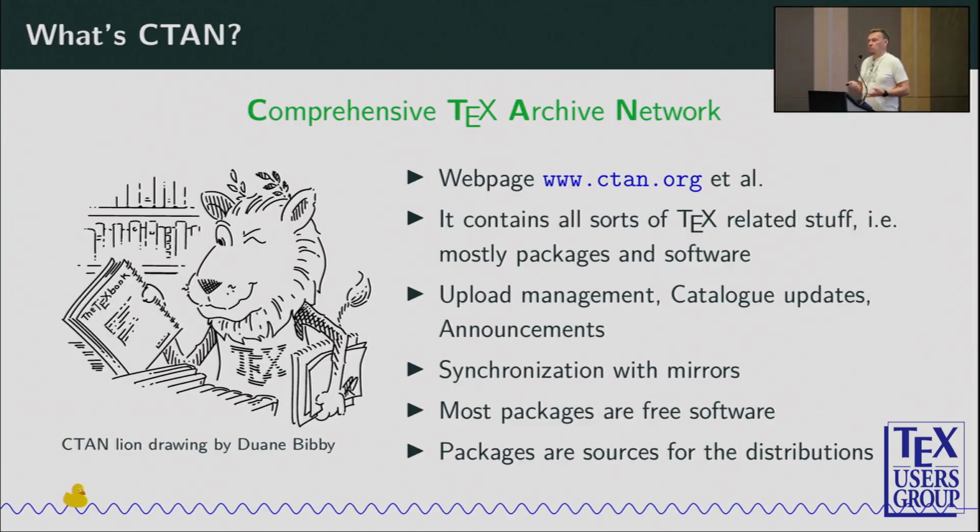CTAN contains almost everything about TeX, and it contains a repository and files, which is slightly less than the catalog. I come back to this later. What CTAN does is the upload management. That means users, package creators can upload their software.